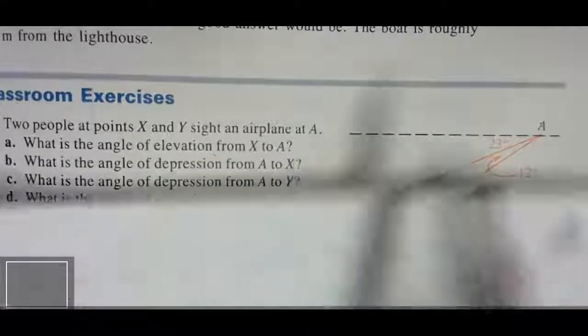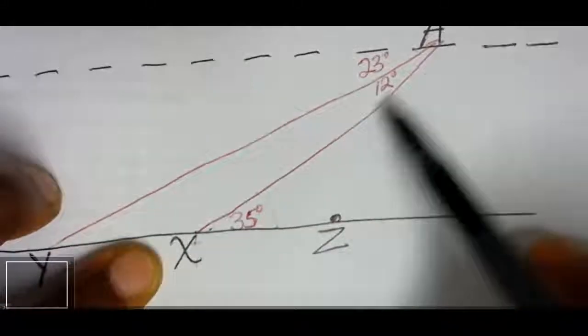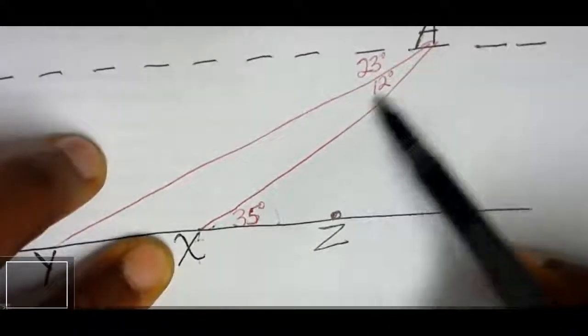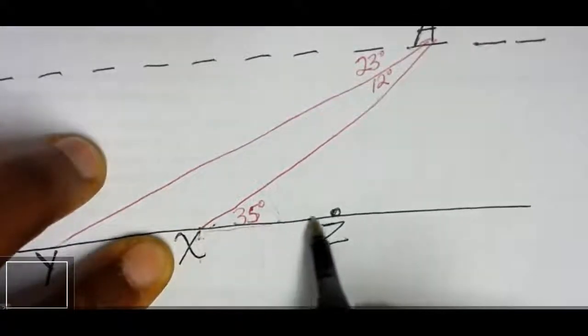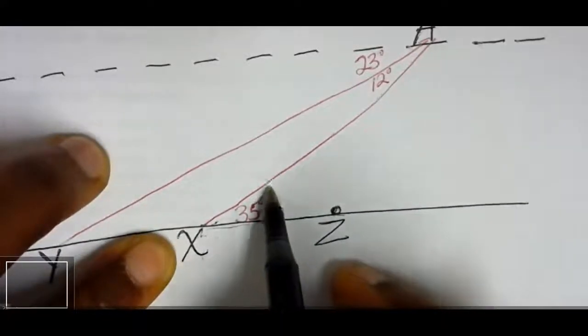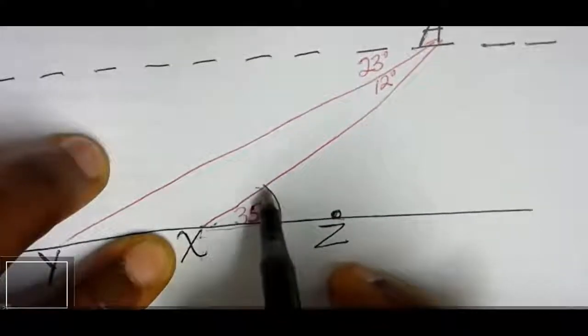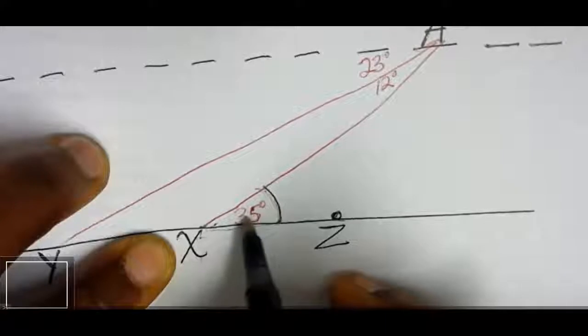So this is X to A. We start from the horizontal line and make our angle from the horizontal line to line XA. Our pen went up. See, it went from down to up. So angle of elevation is 35.